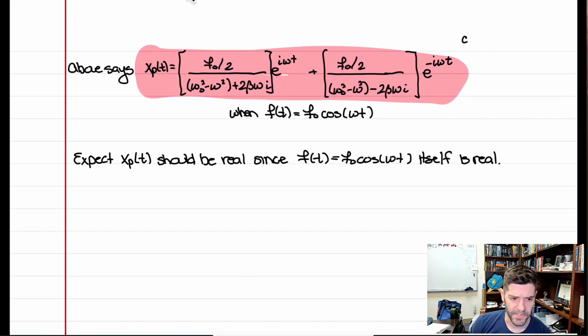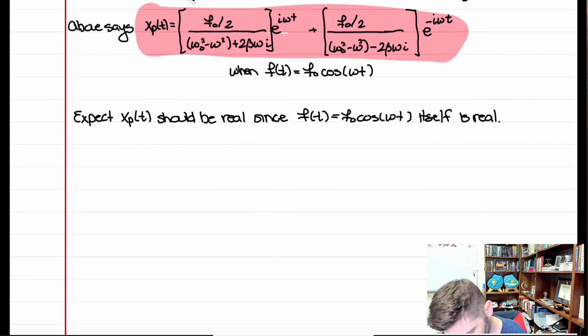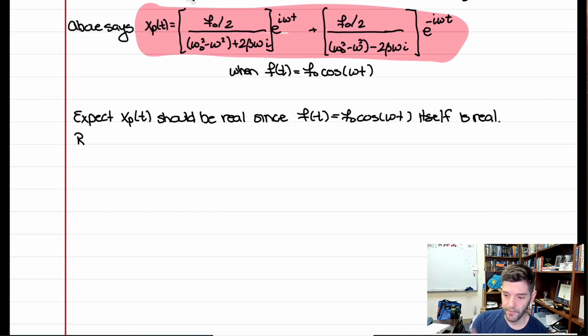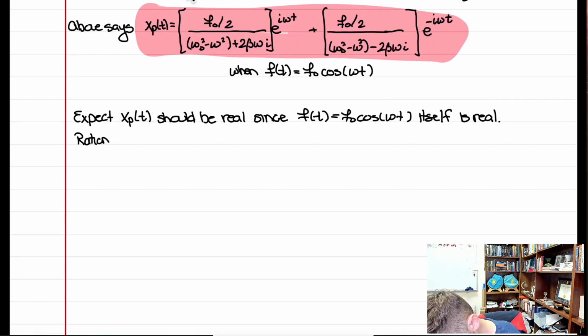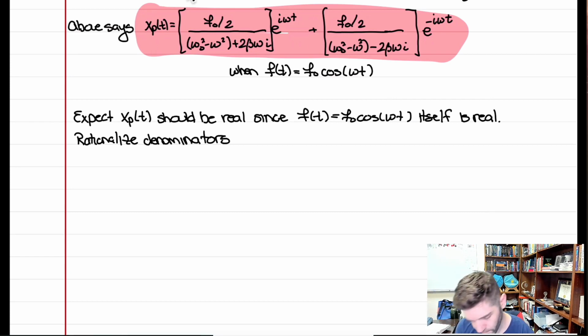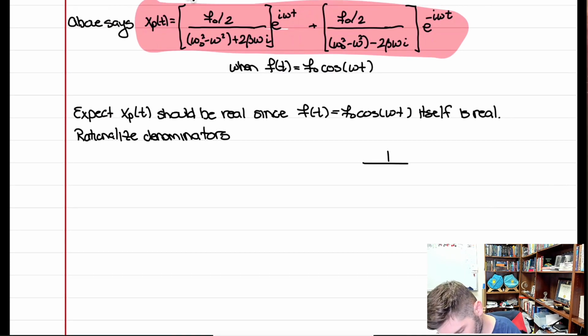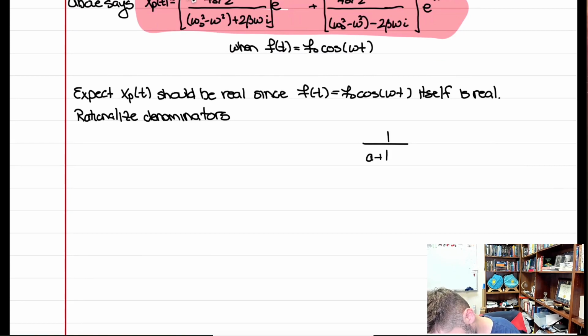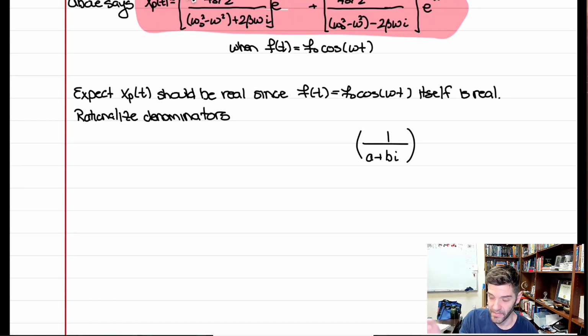So how do we simplify this? Well, we can make the coefficients out front real, or at least start the process of making them real, by rationalizing the complex denominators. Just as an aside, to remind ourselves from high school: any complex number can be written as a number plus a number times i.